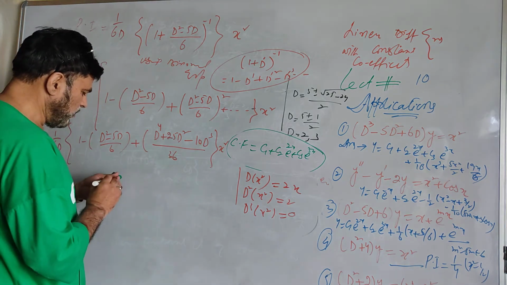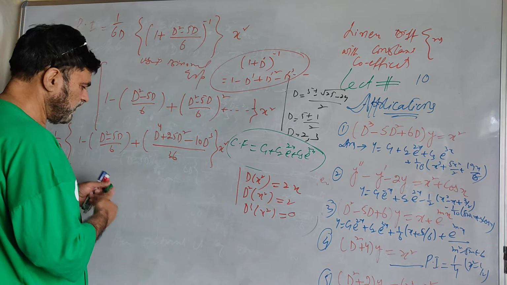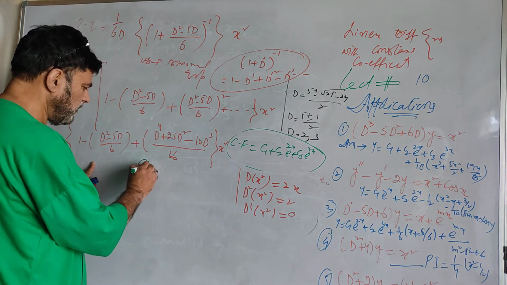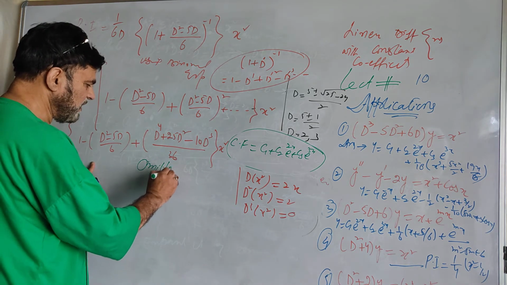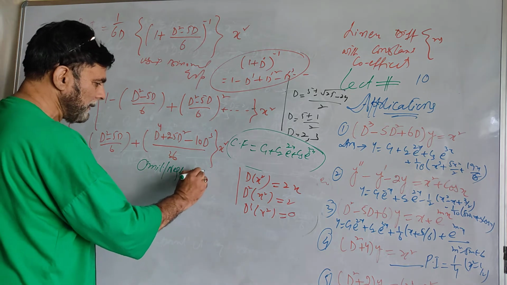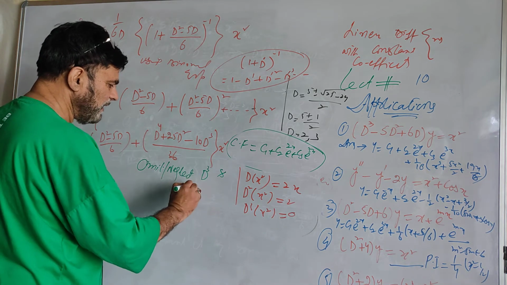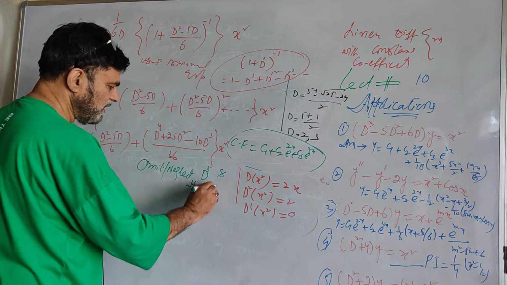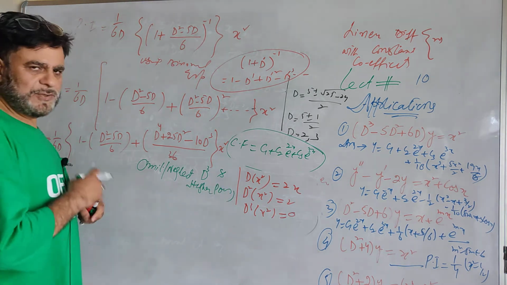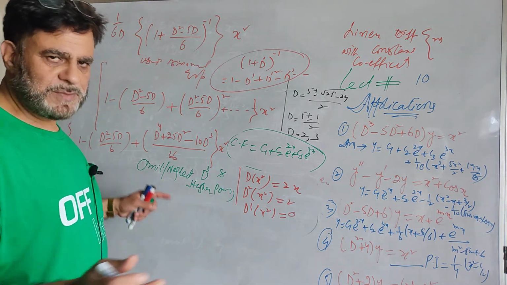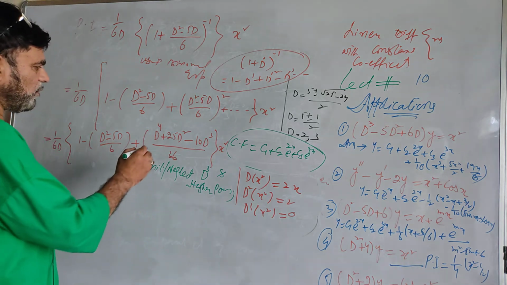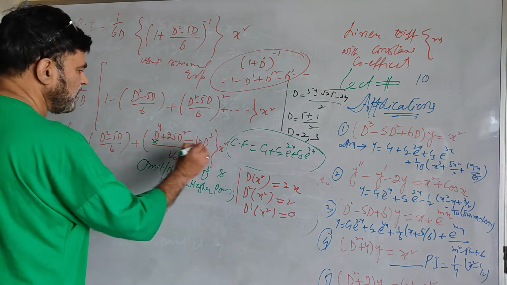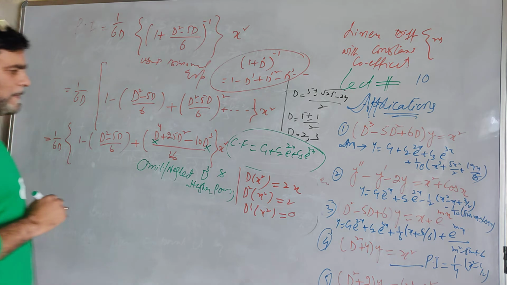So I can write here: omit or neglect d cube and higher powers. I don't need them. I don't need d cube, I don't need d raised to the power 4, so I will omit this one. The reason is this.